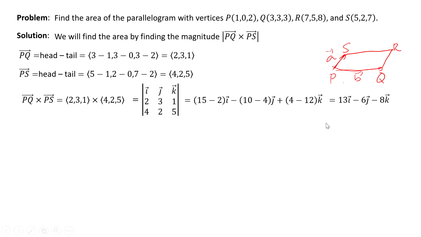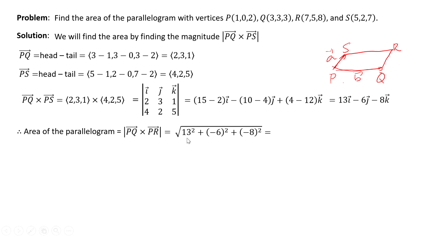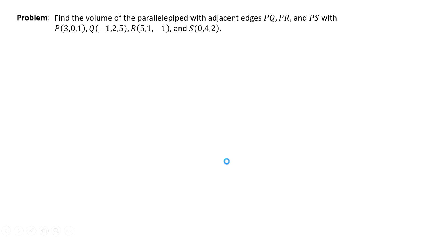We actually got the cross product vector, but we just need to find the magnitude of this vector. How do we find the magnitude, folks? Just the square root of 13 squared plus negative 6 squared plus negative 8 squared. That turns out to be square root of 269. That's how you find the area of the parallelogram.